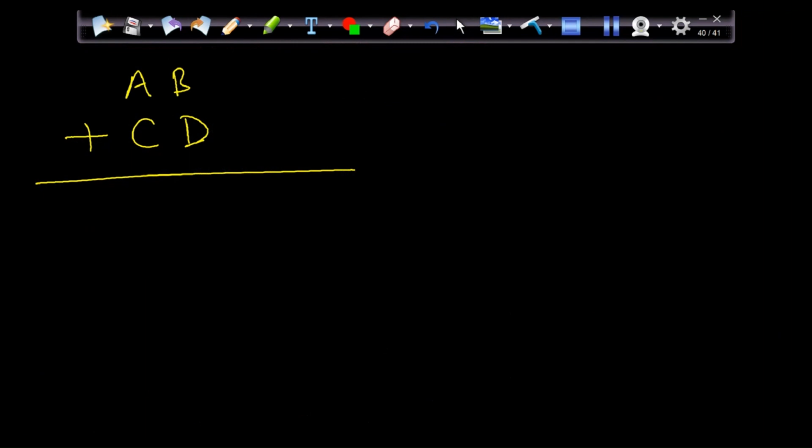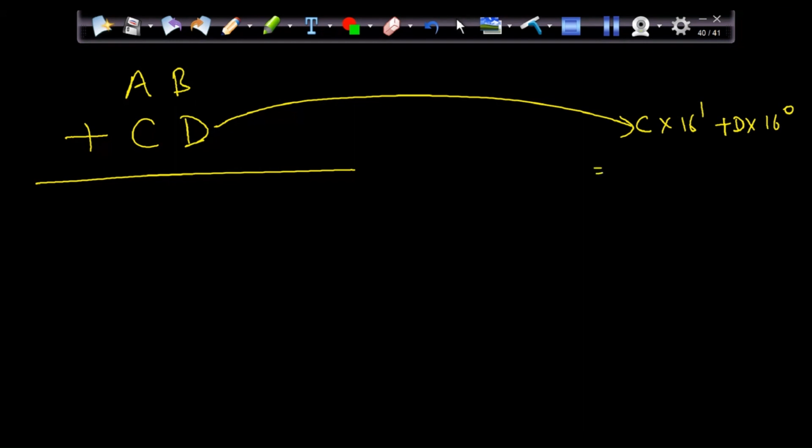Now what does CD mean? It is actually C into 16 power 1 plus D into 16 power 0, and C is 10, 11, 12.